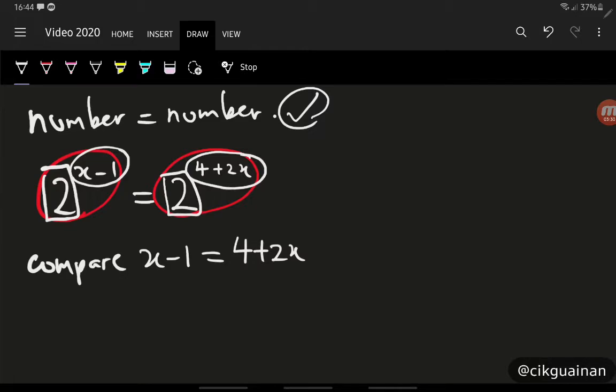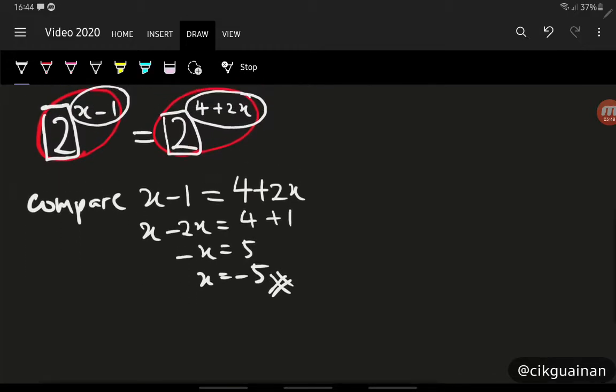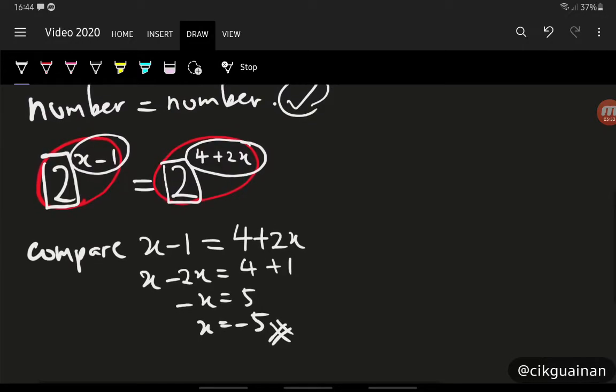Then we solve. So x minus 2x equals 4 plus 1. This one, minus x equals 5. x is minus 5.